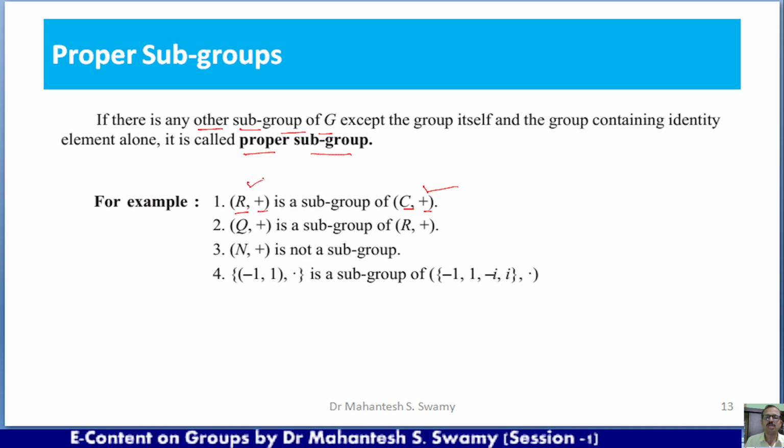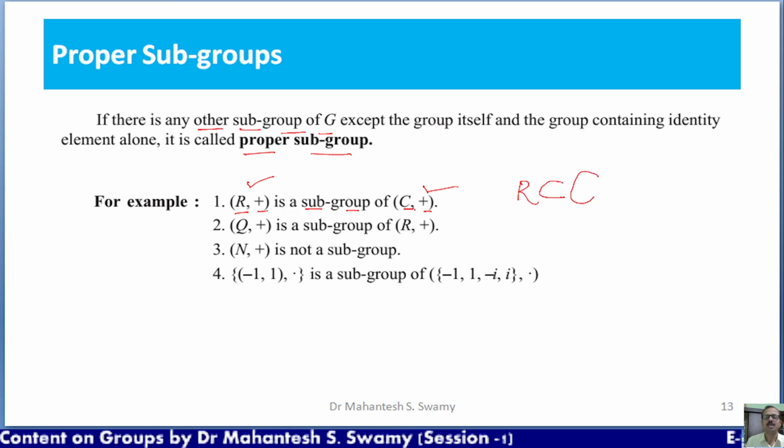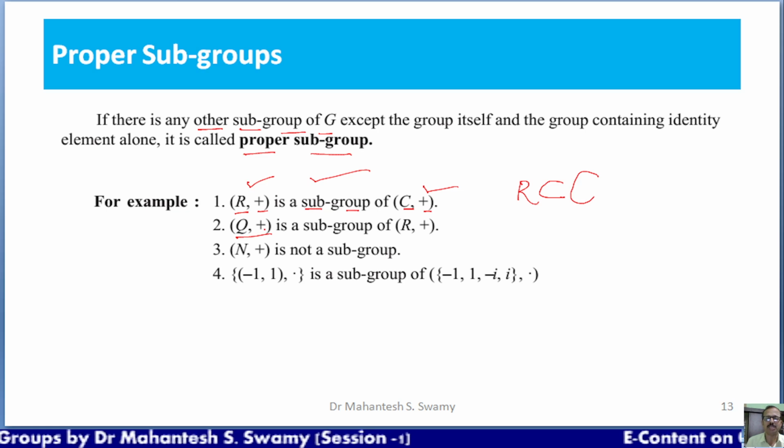So this is forming a subgroup of this group, because we know that the set of reals is a subset of the set of complex numbers. Therefore, this group is a subgroup of this group, and this is a proper subgroup. And here, the set of integers together with binary operation addition is a subgroup of the group of real numbers with binary operation addition.